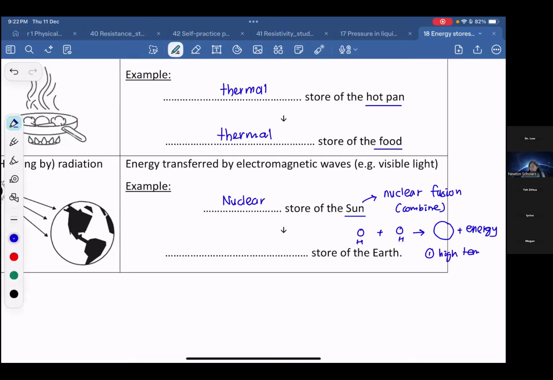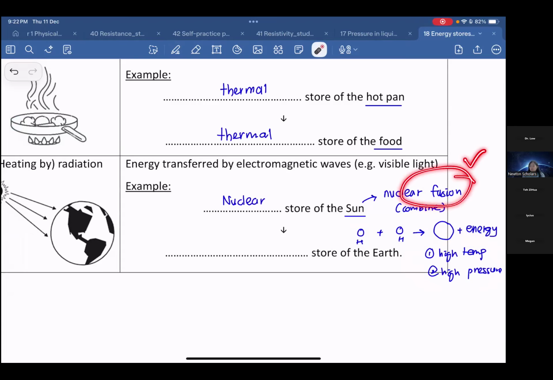The environment must be very high temperature, high pressure, and also the particles must be moving at very high speed. So this condition is not yet achievable here on our Earth. But our scientists keep thinking how to run nuclear fusion on a large scale on our Earth, so that we can get a lot of electricity, a lot of energy from nuclear fusion.